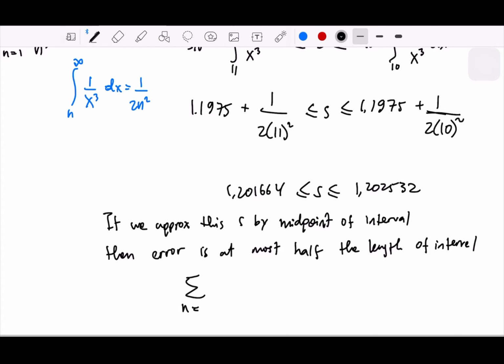For example, if we evaluate this using the midpoint method, it's still around an error of 0.0005. Which means that this number is in between what we have predicted.